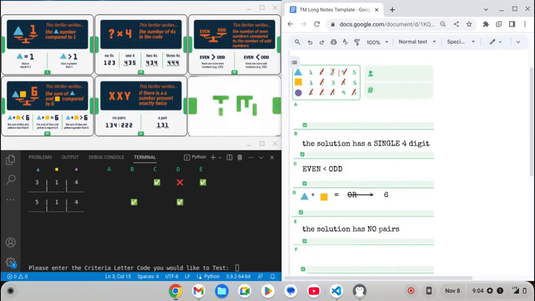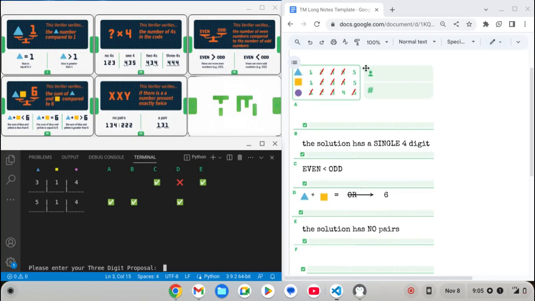You can't pair them up. So we know it can't be a 3 either. Okay. So at this point, yeah, either triangle is 1 or it's bigger than 1. And I don't think there's a way to deduce that. So let's go ahead and just test criteria card A.